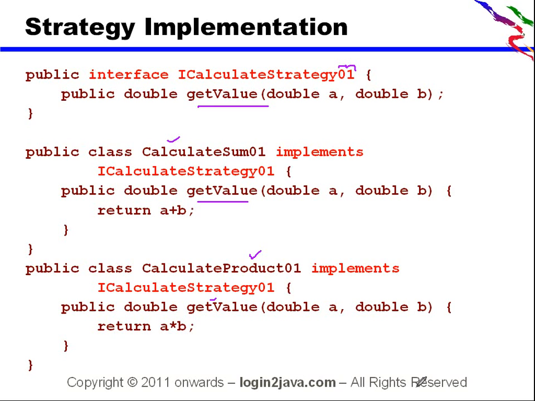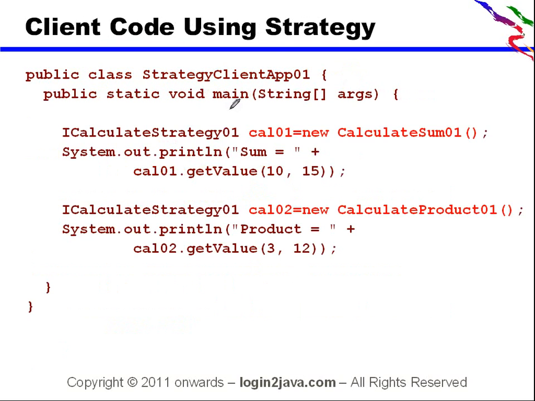So this is our client application which is using the strategy. ICalculateStrategy01 is the reference for this strategy, and we are taking an instance of new CalculateSum01.